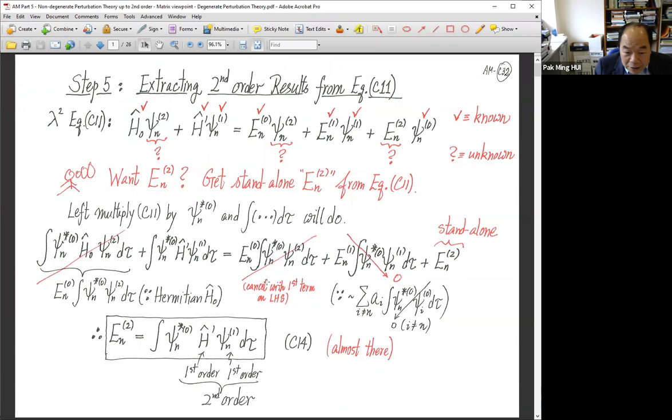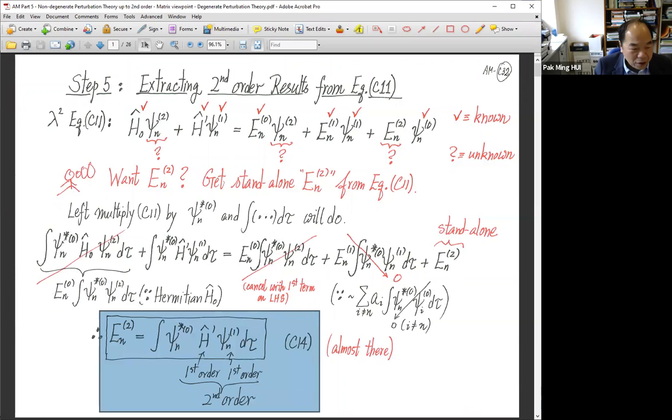Thereby, despite we don't know what this integral is, they are identical on both sides, so cancellation works. Bravo! So we get an answer to the second order correction in energy, basically without effort. Okay?